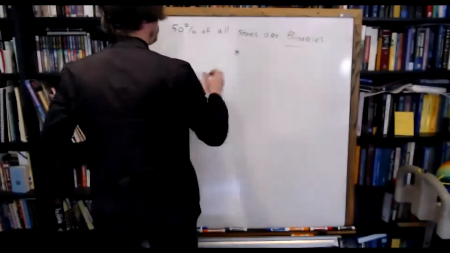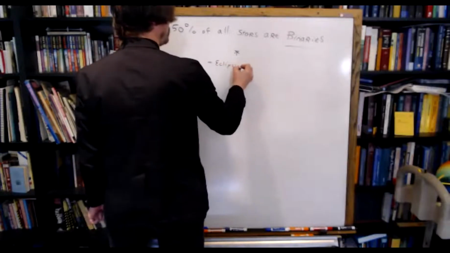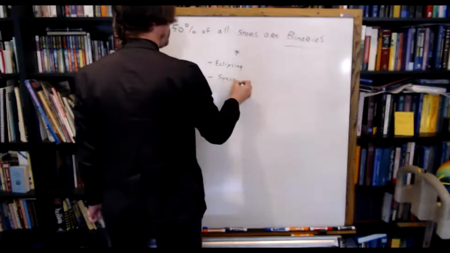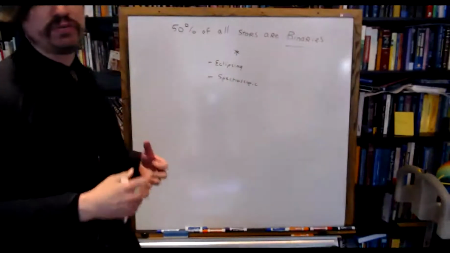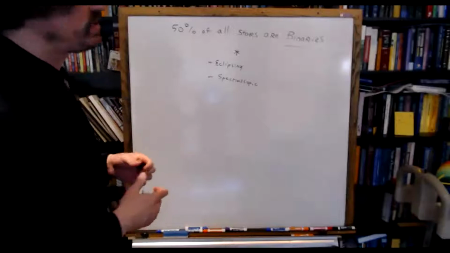Now, there are two different types of methods that we can use to study binary stars. There are a class of binary stars called eclipsing binaries, and there's a class called spectroscopic binaries. These are two different techniques for studying binary stars.